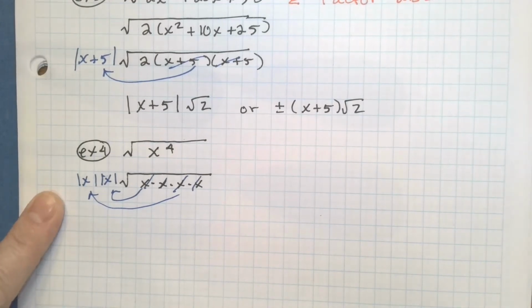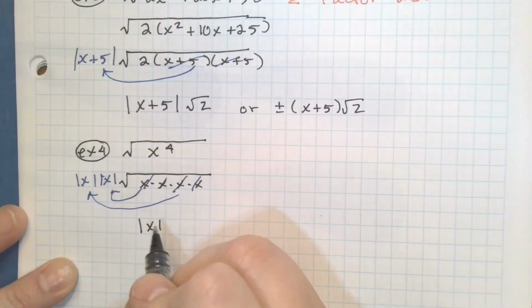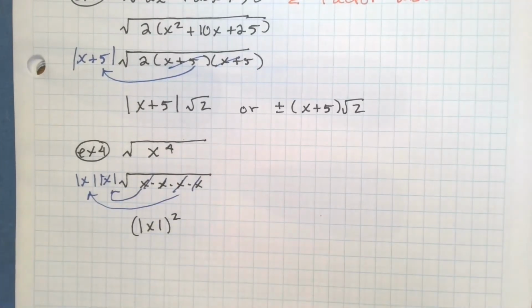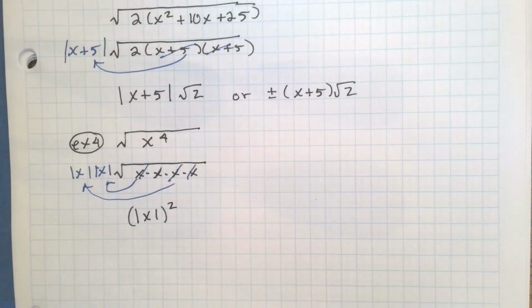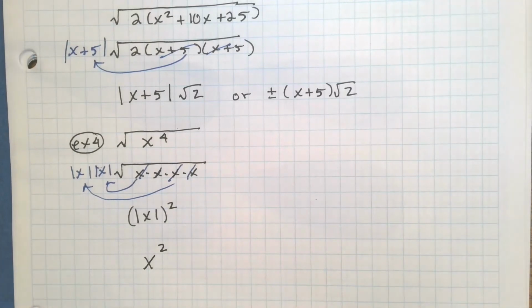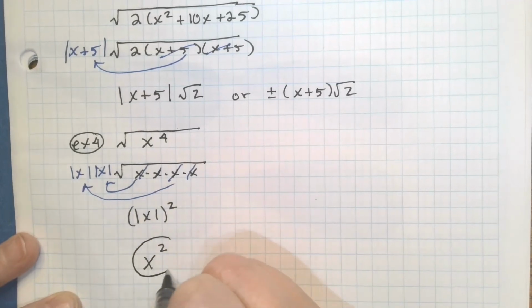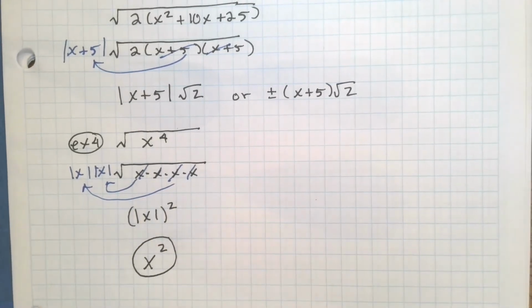So all we have left now is the absolute value of x, and since there's 2 of them, it is squared. If x is positive, a positive x squared would be positive x squared. If x was negative, a negative times a negative is also a positive. So in this case, you only have x squared as an answer. The bars go away because they multiply out.